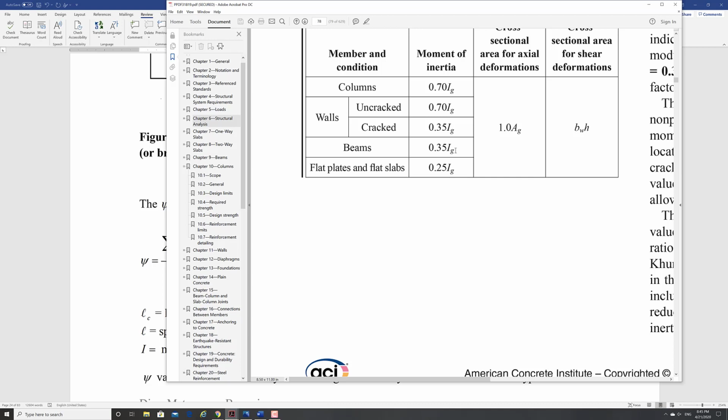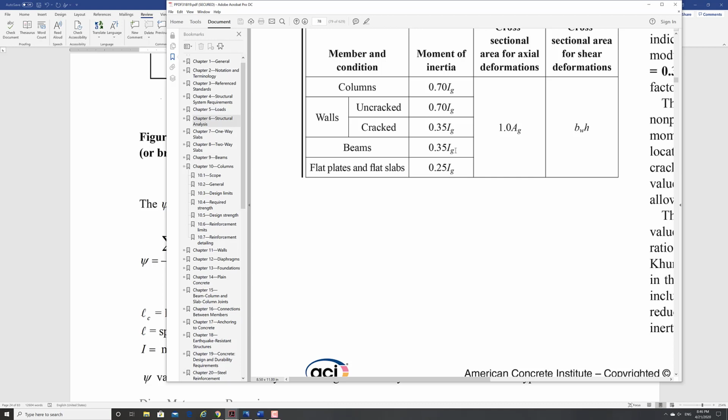This is again what you do with the modeling. So modeling is your responsibility. Do you want the relative value to be 1-to-1 between columns and beams? That's your model. Somebody may say, no, really I want my beam to reflect more cracking than my column, even though it's a T-beam.